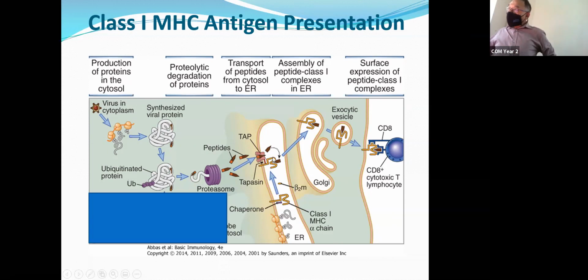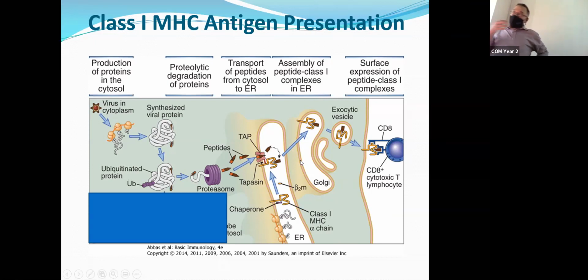Once they get into the ER, another protein which has a similar function as HLA-DM, called tapasin, selects the appropriate peptide to load onto the class 1 MHC, and then that moves into a Golgi apparatus, into a vacuole, and then is expressed on the surface to be seen by a cytotoxic T cell.